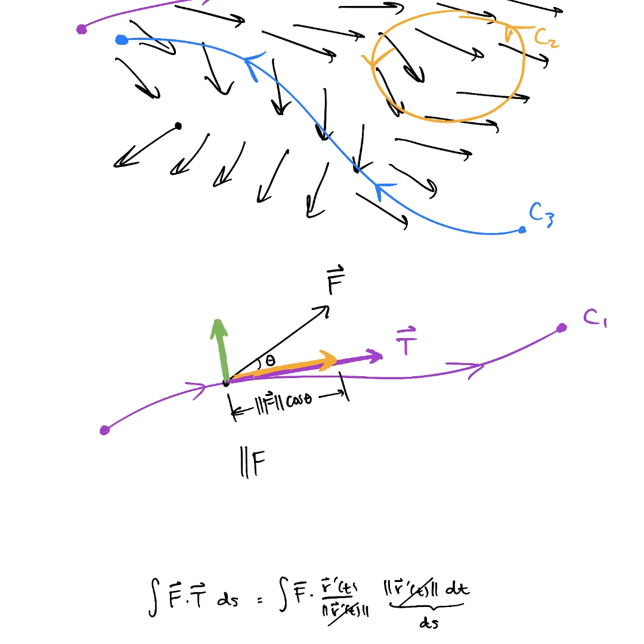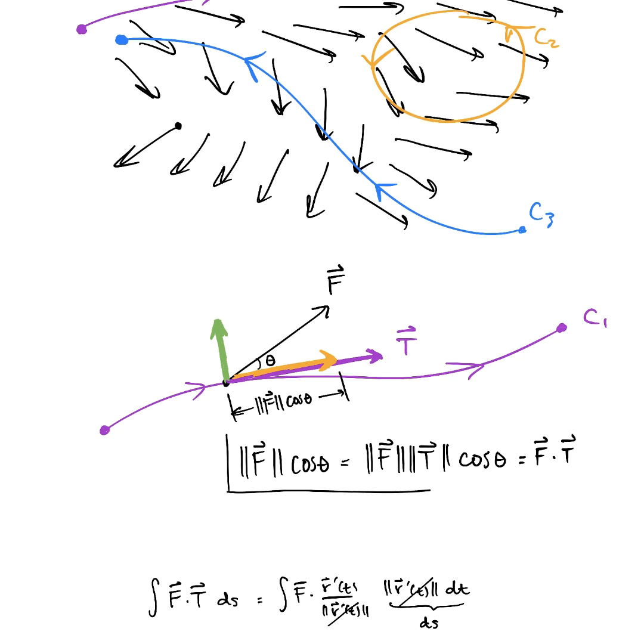Now check this out. Magnitude F cos theta is equal to magnitude F magnitude T cos theta. And that's just because T is a unit vector, so magnitude T is 1. But when we put it in there like that, this is nothing other than big F dot big T in a Calc 3 sense, good old dot product.